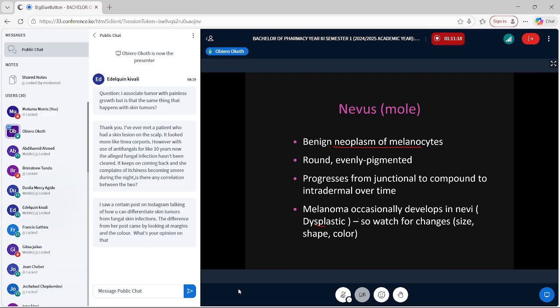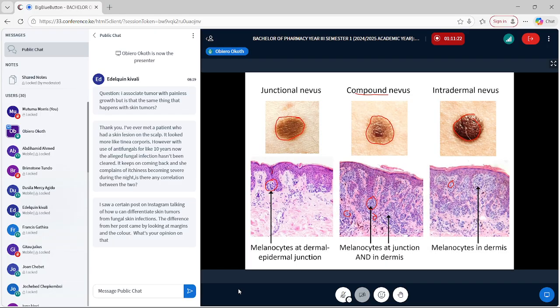So how do you say this is just a nevus and not melanoma? Because a nevus, even if it looks cellular, you remove it, end of story, patient. Melanoma is an extremely serious condition, as you're going to see. So Kivali, I don't think it differentiates skin tumors from fungal infection. I would use the issue of the margins and the color to differentiate a nevus from a melanoma. I'm coming to that.